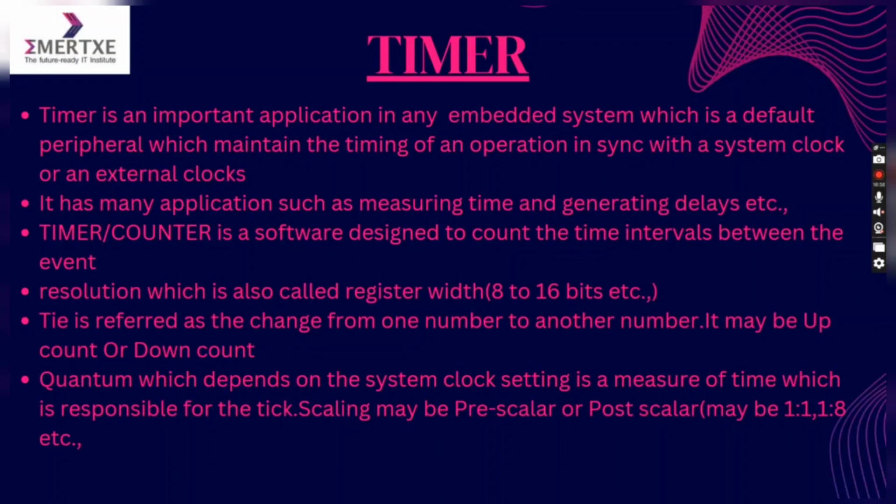The scaling is a factor that can apply to the tick to increase or decrease the time interval. It can be done by using a pre-scaler or a post-scaler. Pre-scaler divides the input clock frequency by a certain value before feeding it to the timer. A post-scaler multiplies the output of the timer by a certain value before sending it to other peripheral.